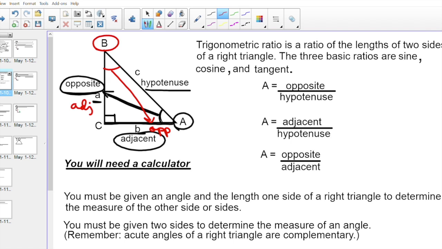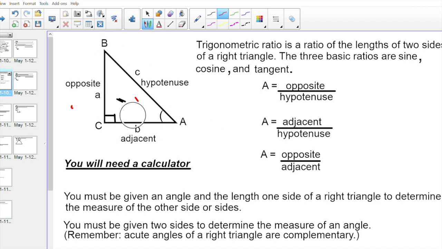You have renamed the sides because you used a different reference angle. So we don't want to have two different reference angles. When you work your problems, you'll be told to find either the angle A or the angle B.